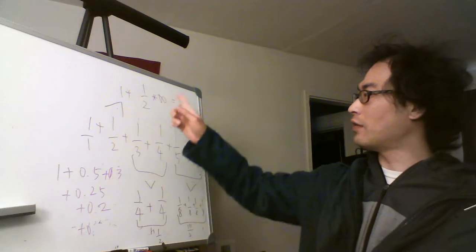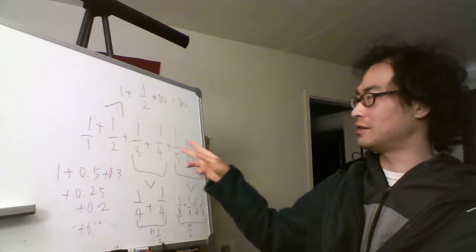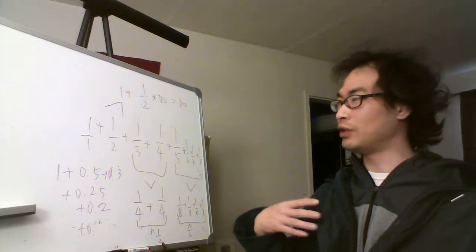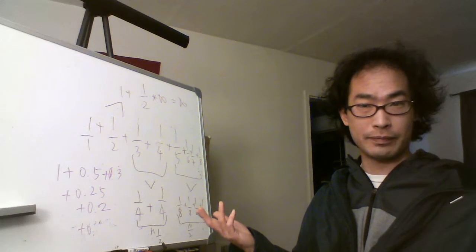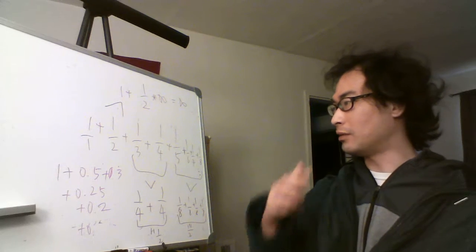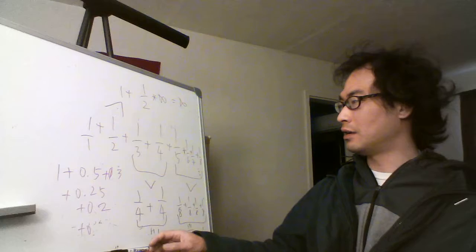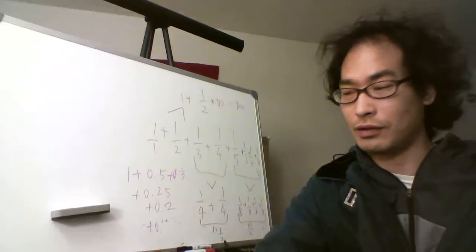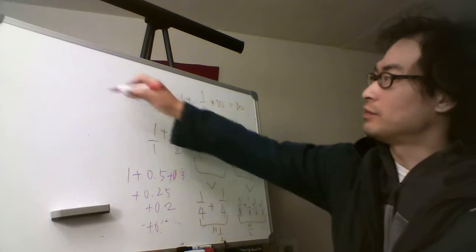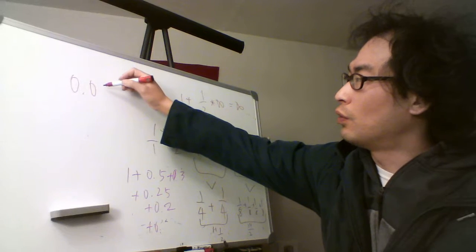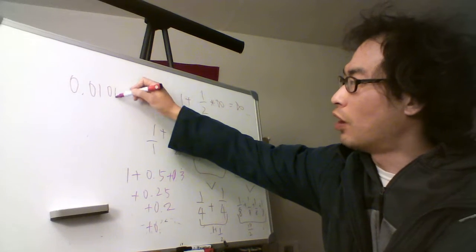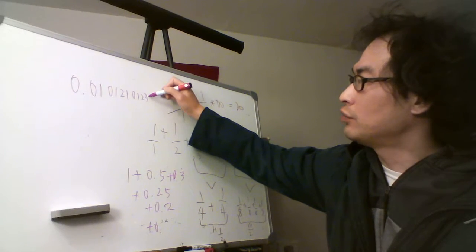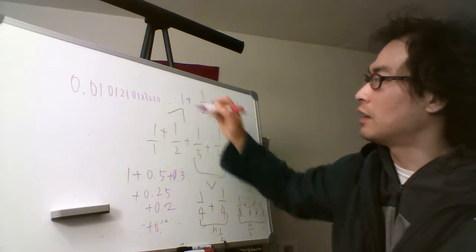Here you have the harmonic series. You define this number in terms of addition. But that's not how we define this palindromic number. We defined the palindromic decimal not by summation, but by a repeating pattern, like 0.010 1210 123210 and so on.